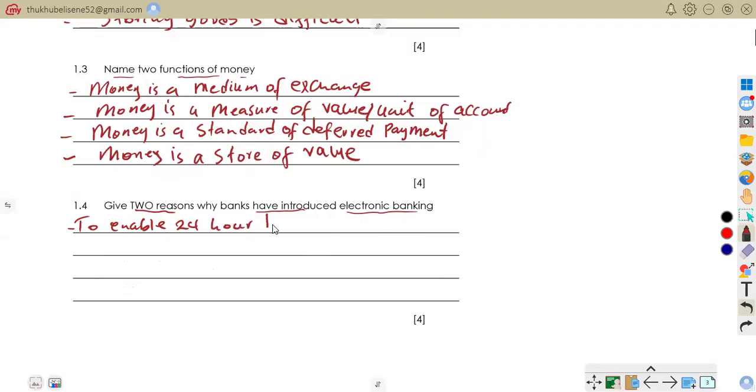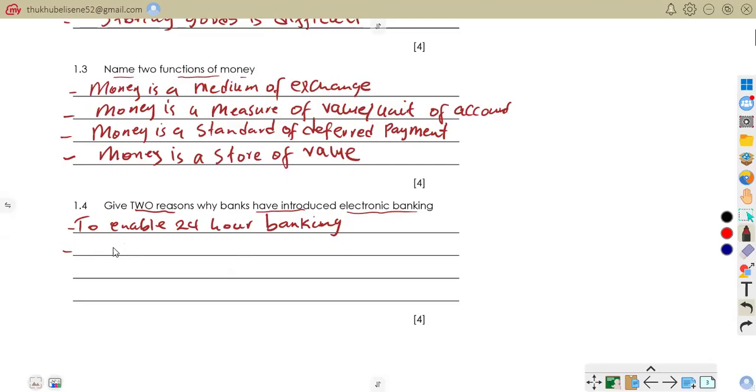It means you can withdraw or check money anytime. For example, using ATMs at night.